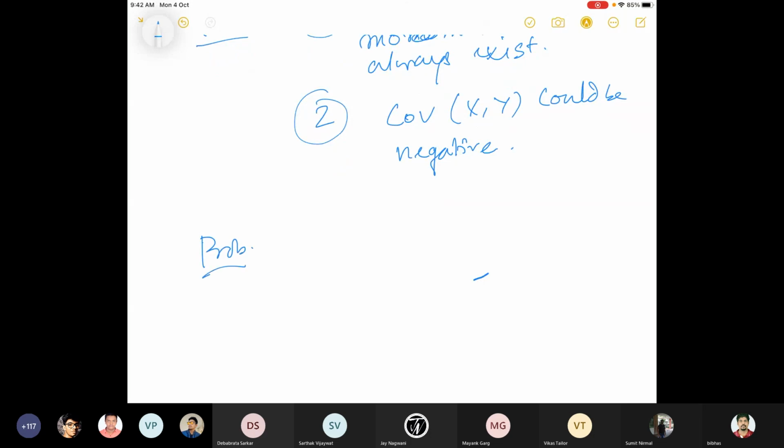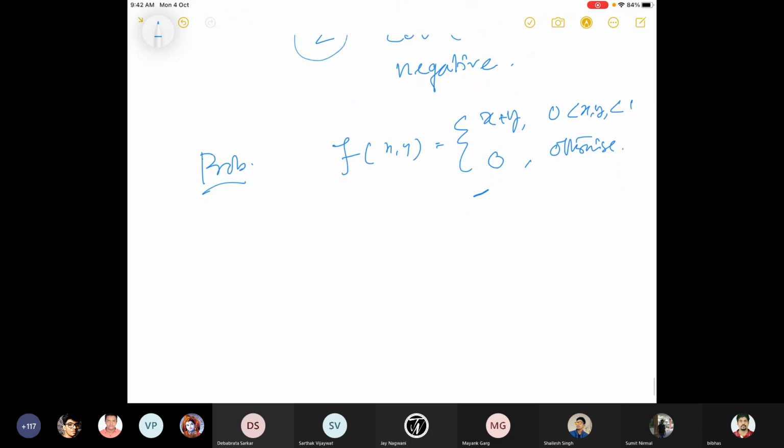This is the problem. Suppose we have a joint density given as x plus y when x is between 0 and 1 and y is also between 0 and 1, and 0 otherwise. The question is, find the covariance of XY. So how do you do it?